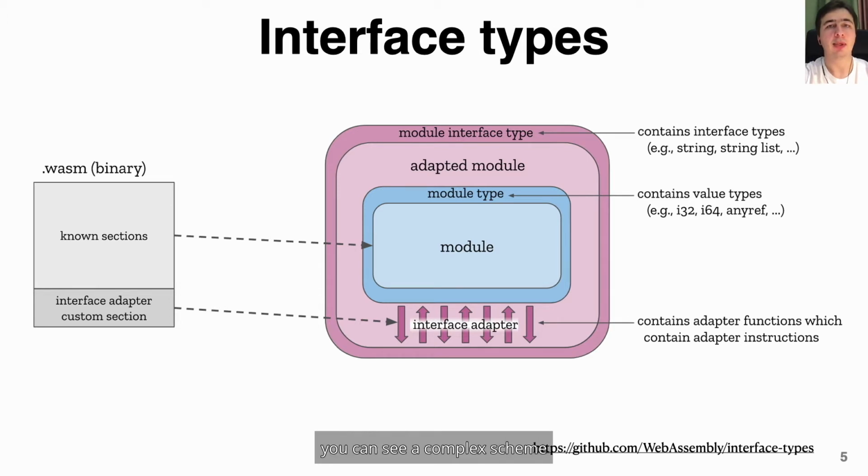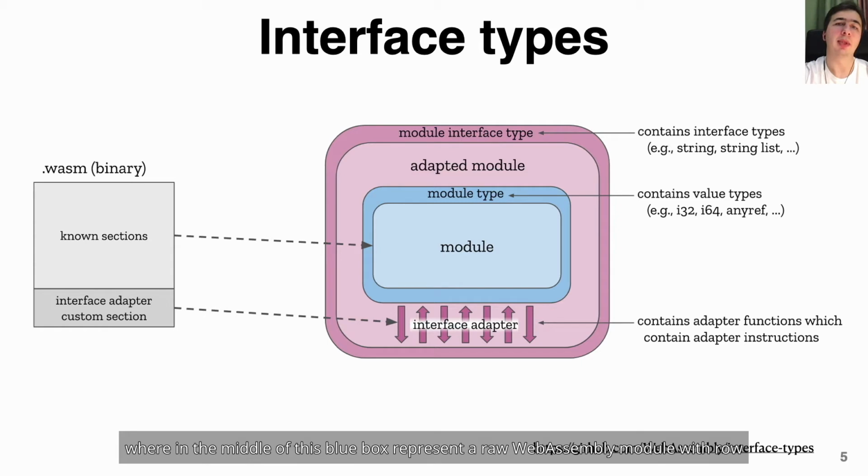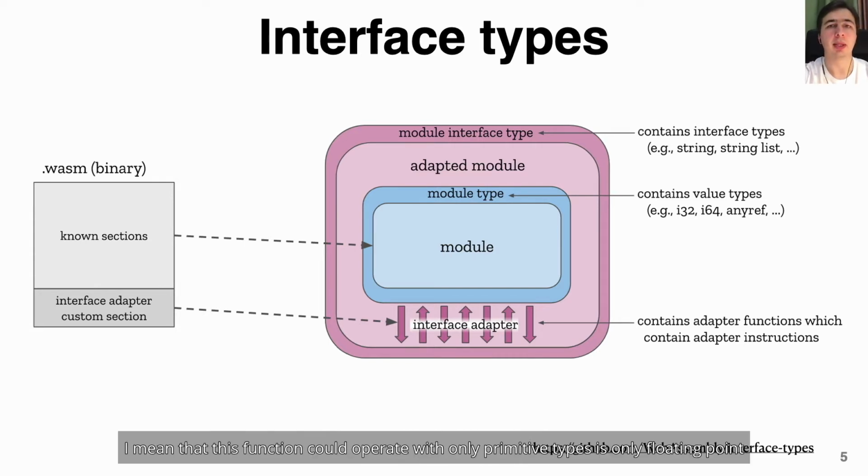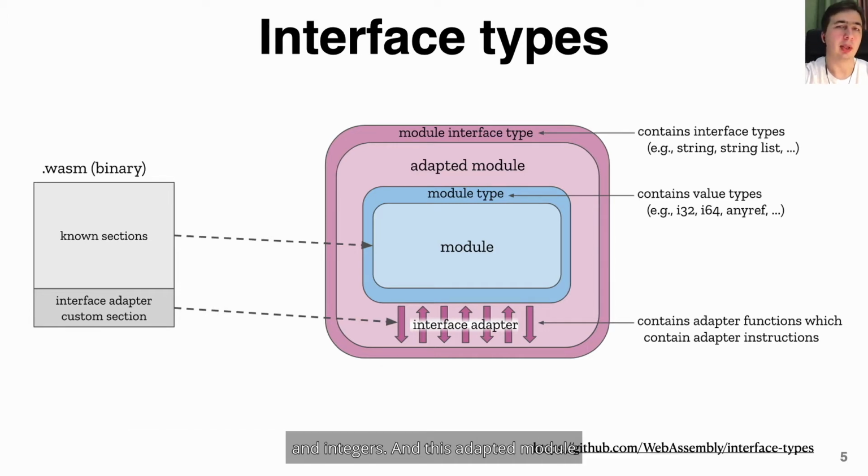On the slide you can see a complex scheme where in the middle this blue box represents a raw WebAssembly module with raw imports and exports. By raw import and export I mean that these functions can operate with only primitive types, only floating point numbers and integers.